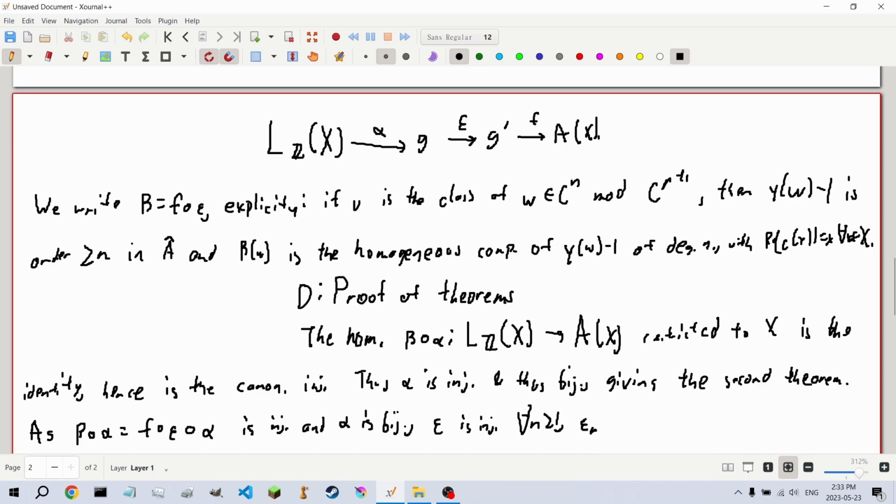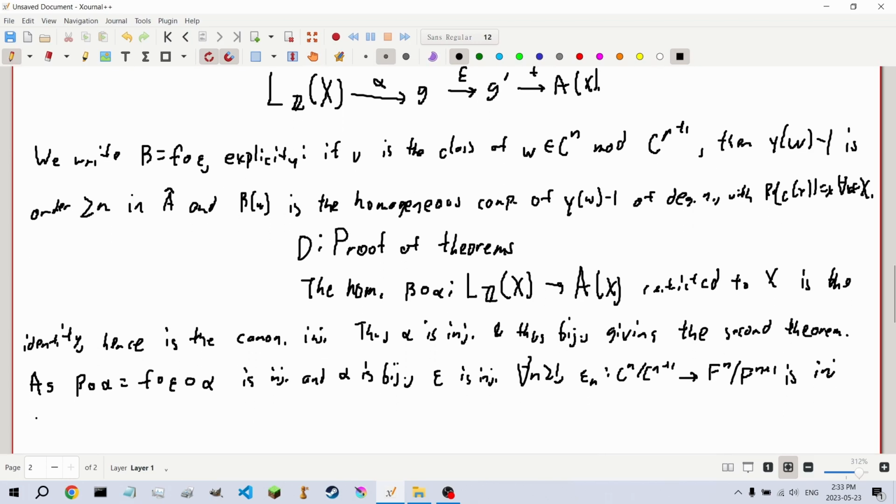The map epsilon n of C^n over C^(n+1) into F^n over F^(n+1) is injective. Hence, the intersection of the nth lower central series with our F^(n+1) gives our C^(n+1).